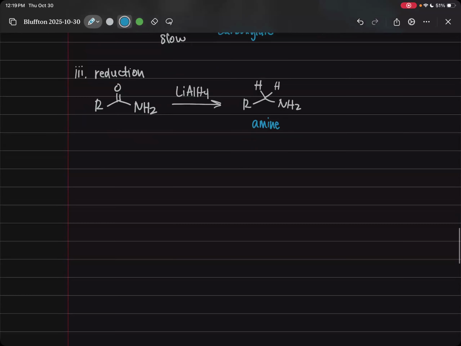So we have here complete removal of oxygen from the organic molecule.